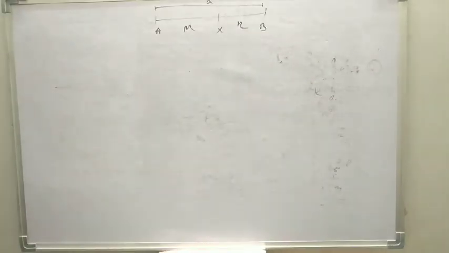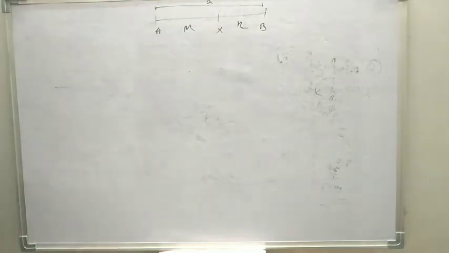Then we have to prove that the lengths of the two line segments will be ma divided by m plus n centimeter and na divided by m plus n centimeter.